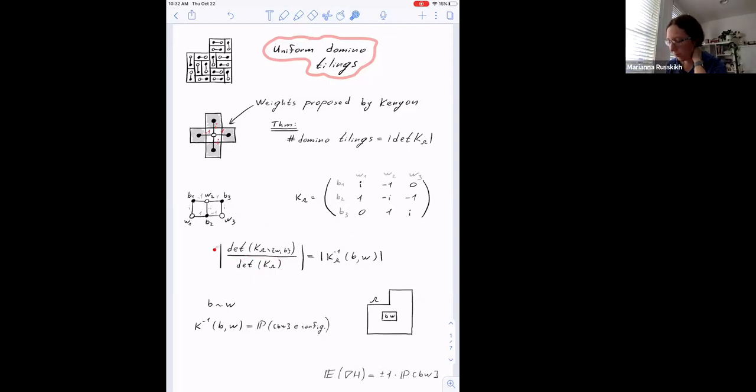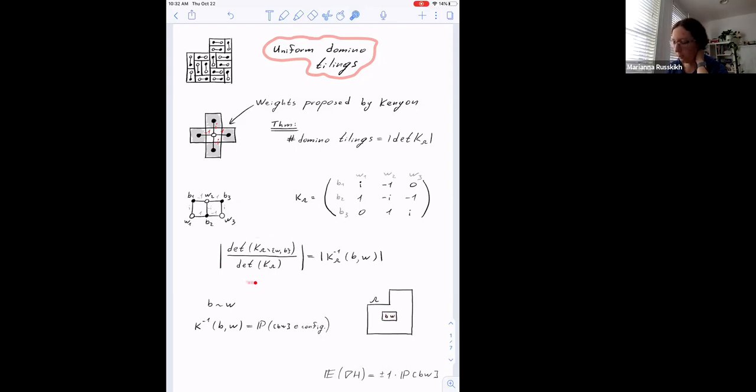This is just how to compute the elements of the inverse Kasteleyn matrix. And note that in the case when B and W are just neighboring points, what is written here, by this theorem, is the number of domino tilings of the domain without this rectangle. Or in other words, this is the number of tilings of the whole domain which contain this domino, BW.